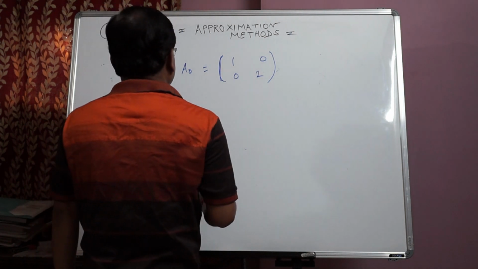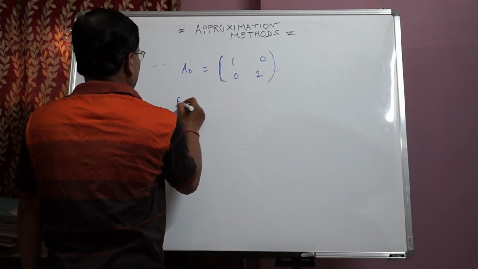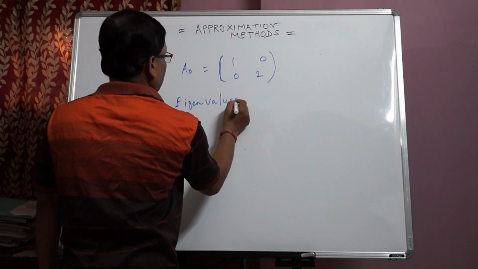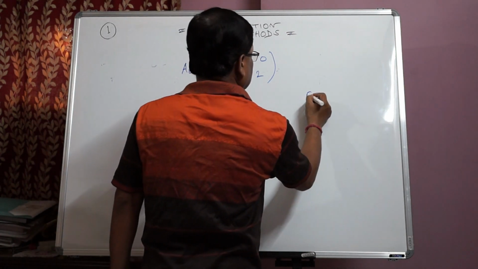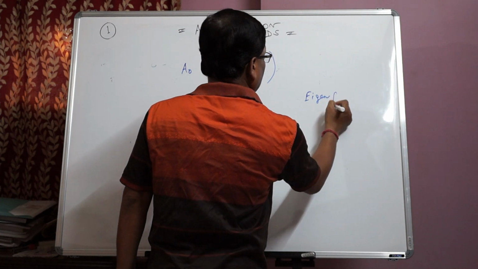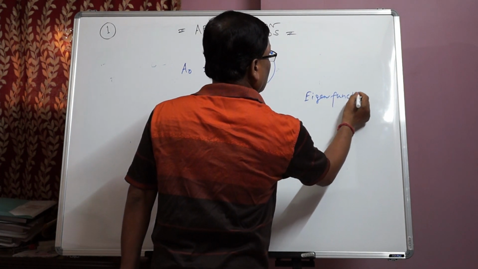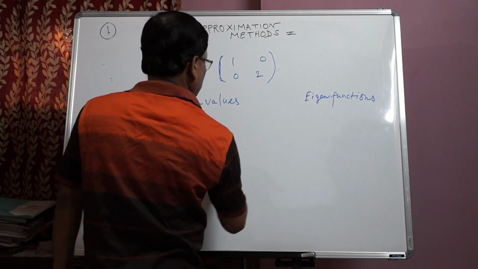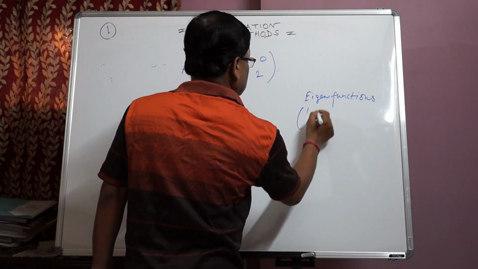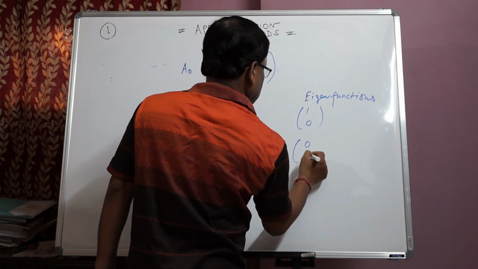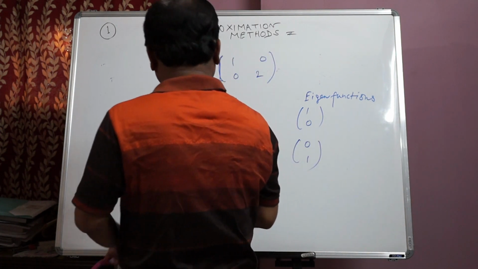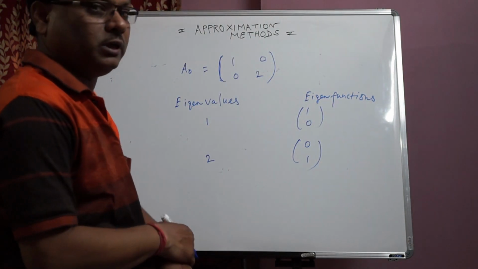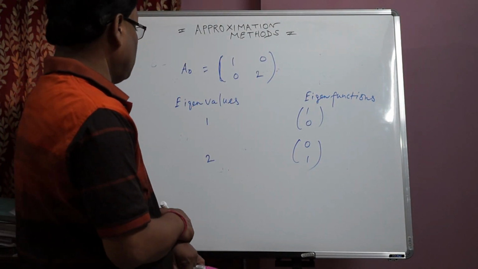You can determine its eigenvalues and eigenfunctions. It has two eigenvalues, one is 1, another is 2, and its eigenfunctions are (1, 0) and (0, 1). It is very easy to calculate these eigenvalues and eigenfunctions.